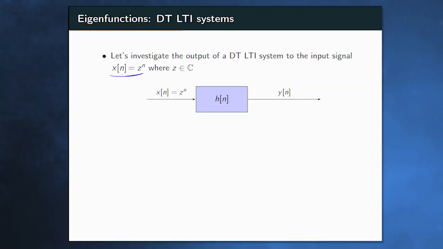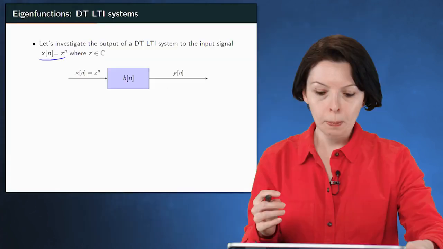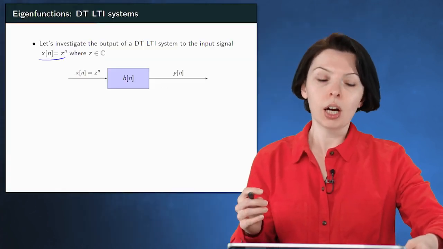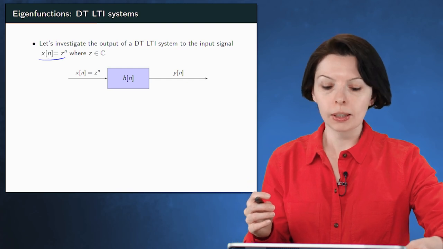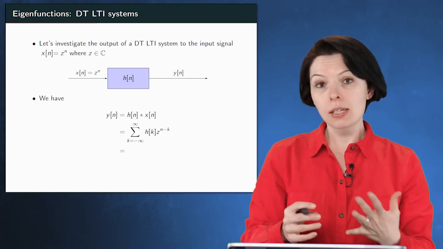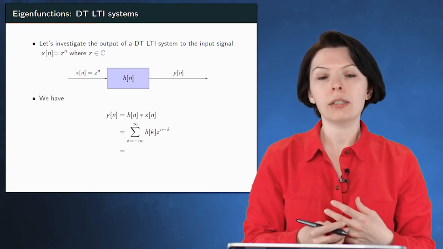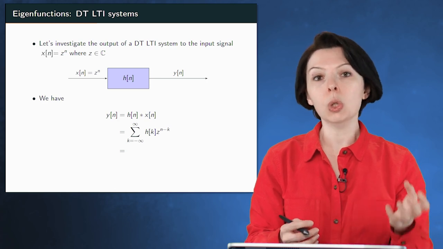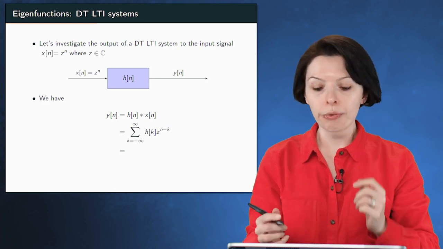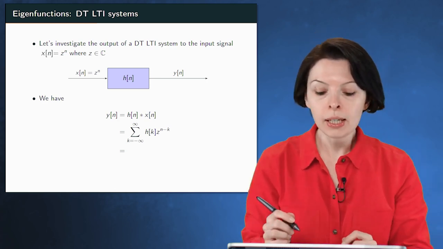So we would like to see what happens to the input signal in the format of z to the power of n when you apply it to a discrete time LTI system with impulse response of h of n. In other words, we want to find the output y of n for this input signal. Because this is an LTI system, we know that the output is equal to the convolution of x of n and h of n.